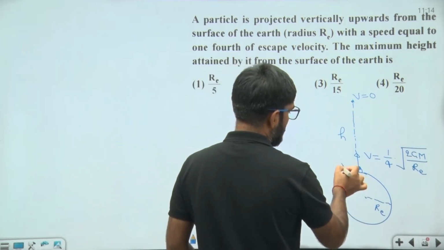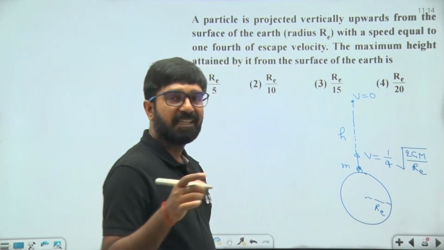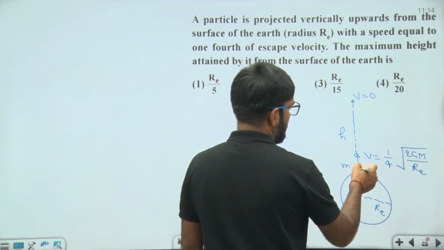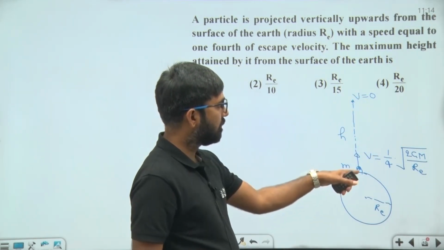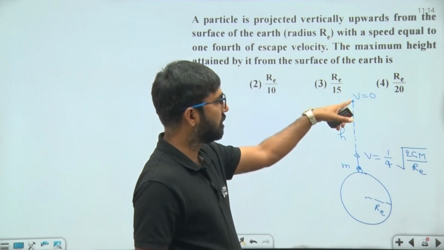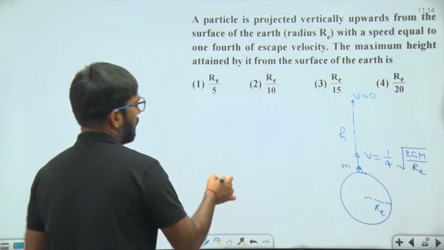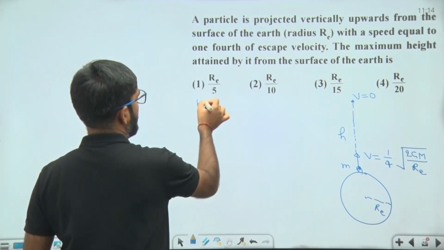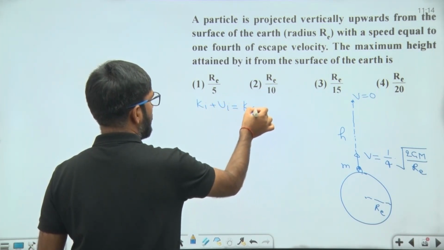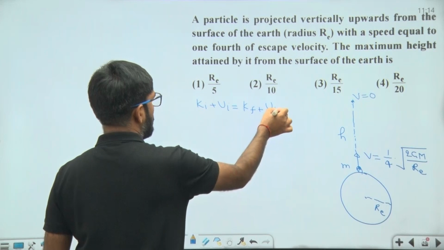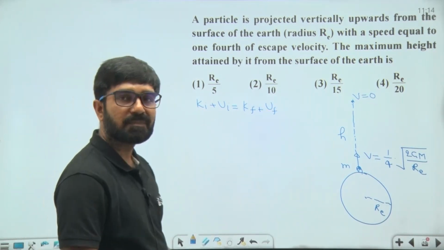Suppose the mass of the particle is small m. We will use energy conservation from the initial point to the final point between these 2 points. This will be the initial point and we will consider this as the final point. According to energy conservation, initial kinetic energy plus initial potential energy equals final kinetic energy plus final potential energy.